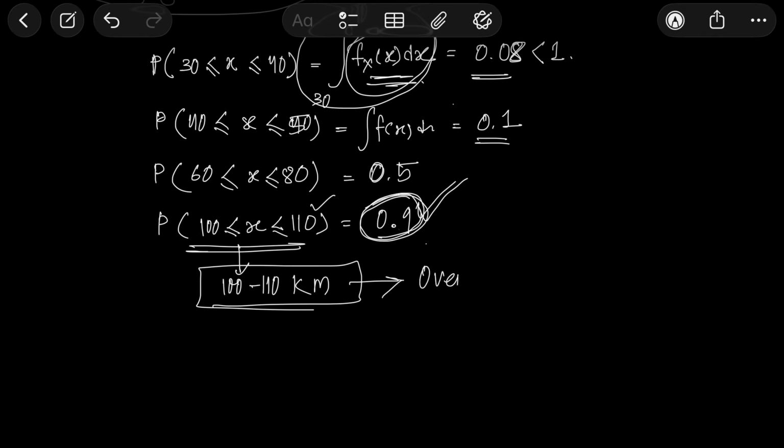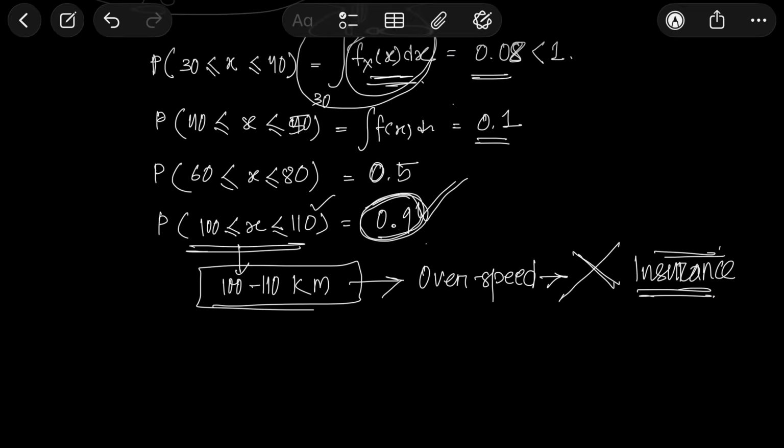You will tell your manager that they cannot claim the insurance as this is the fault of the driver. This is the use case of probability in real life.